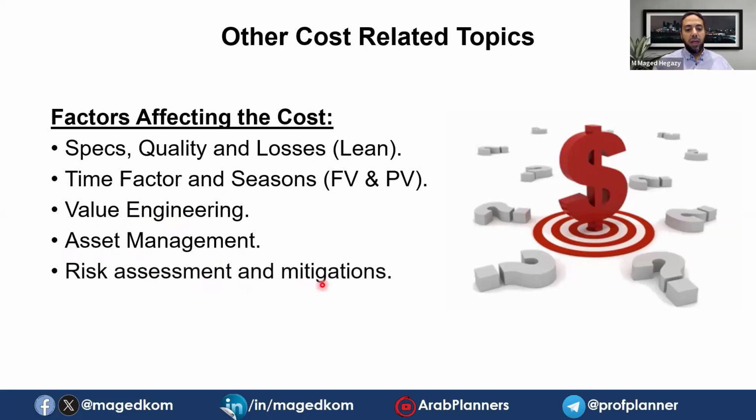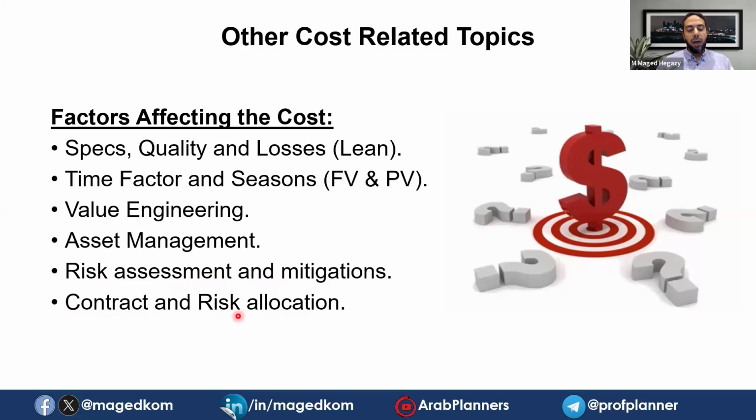risk assessment and mitigation, and how you translate this risk to cost, to add to your cost estimation and to deal with this during construction and mitigations. Contract: the types of contract affect the cost, and the risk allocation inside each contract.